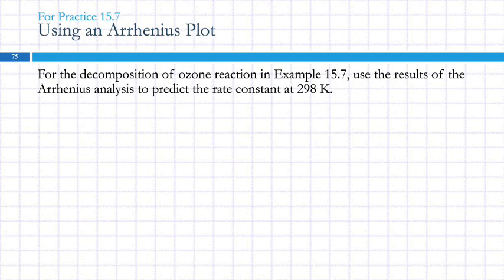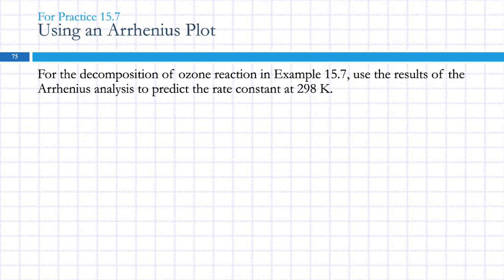So for the decomposition of ozone, use the results of Arrhenius analysis to predict the rate constant at 298. So we need the results.